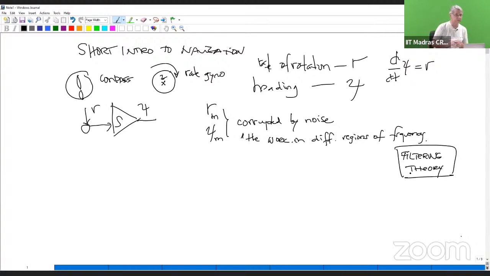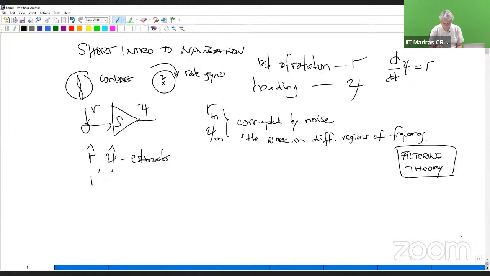So in filtering theory, when you have measurements of some variables and you wish to get better estimates of those same variables, normally the estimates that are cooked up inside your computer are denoted by hat. So you have R hat and psi hat. These are estimates.